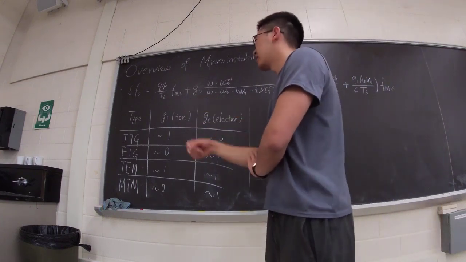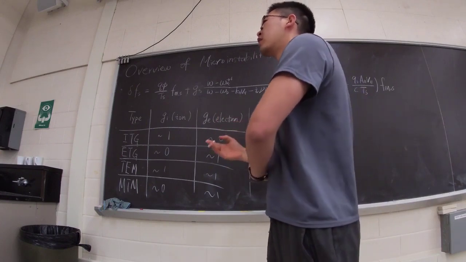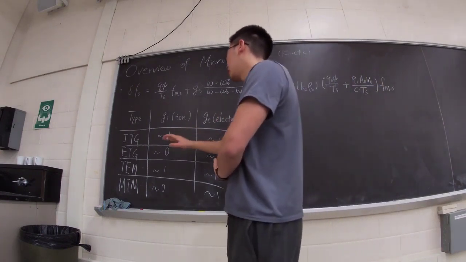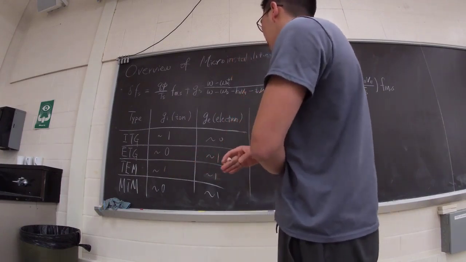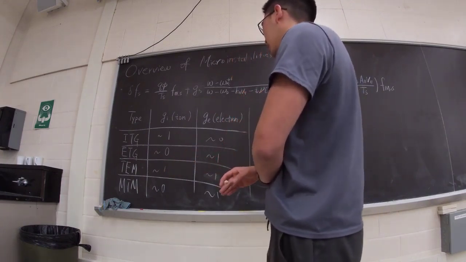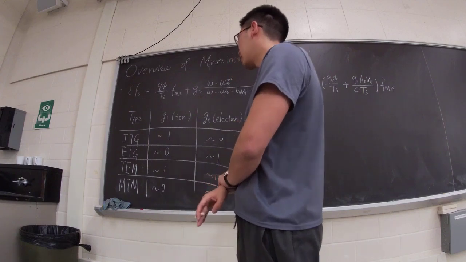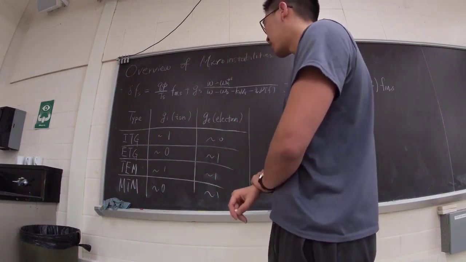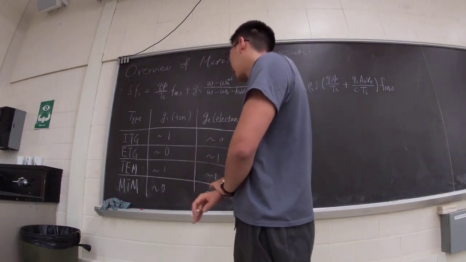So you can think of G_s as how much portion is non-adiabatic. So for ITG, the ion is non-adiabatic and the electron is adiabatic. The ETG is the exact opposite. Electron is non-adiabatic and ion is adiabatic.